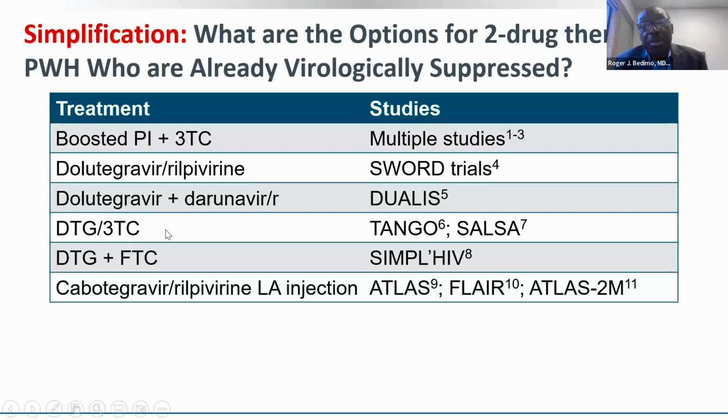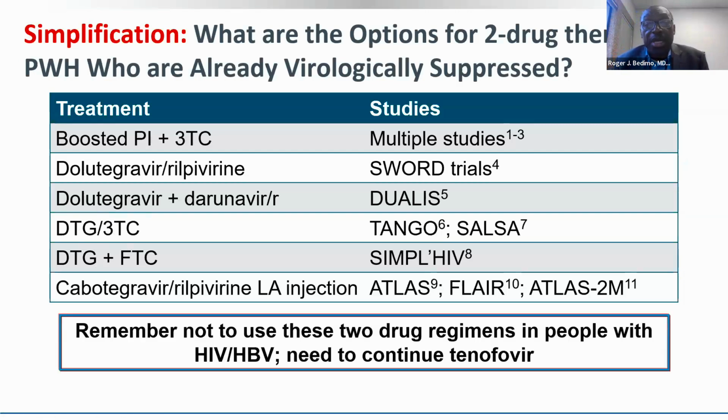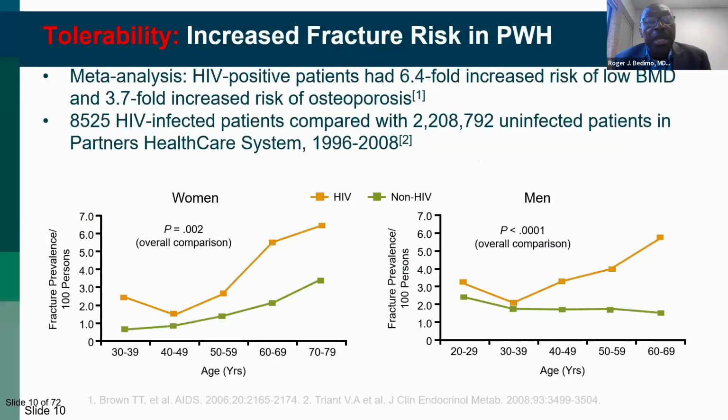And then probably others will be coming soon. Again, do not forget that if somebody is co-infected with hepatitis B, even when you're simplifying them, like Dr. Saag mentioned, you cannot simplify that person with hepatitis B to dolutegravir 3TC because it only has 1 drug active against hepatitis B, not 2 as recommended.